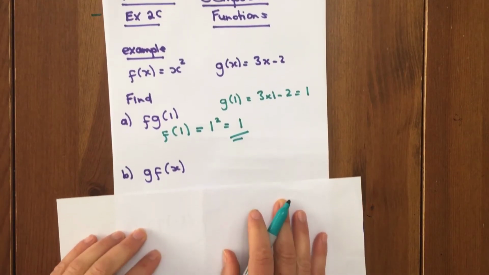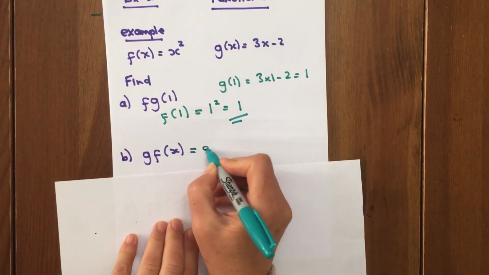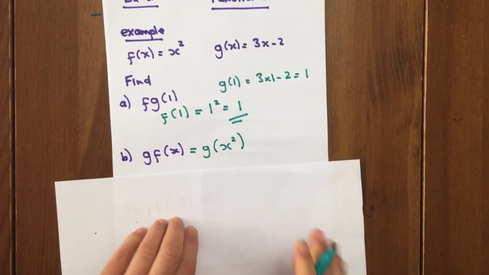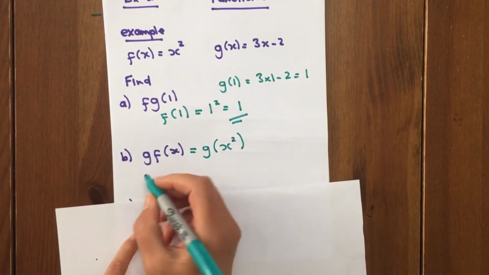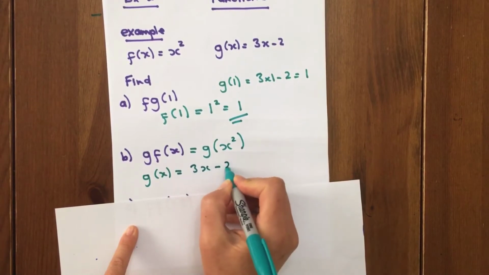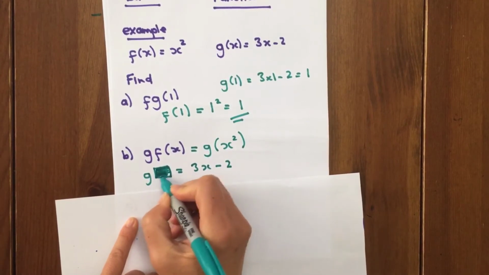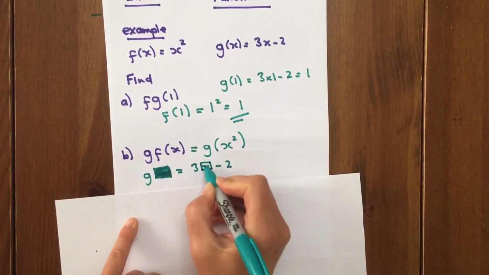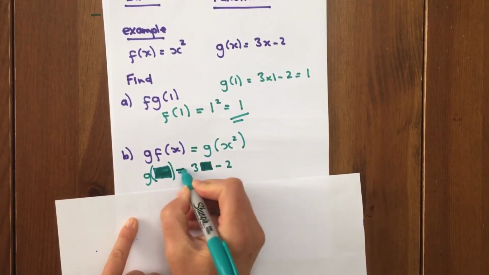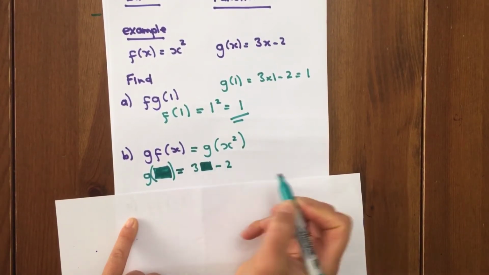Okay, what about if you didn't have a number here, but you had an x? So we're looking at now g on f of x. So remember, we do our f of x first. So we're doing g on x squared. Now if you think about this as a box, whatever you're putting into g, the function g means you do 3 times whatever you're putting in, i.e. the box, take away 2.